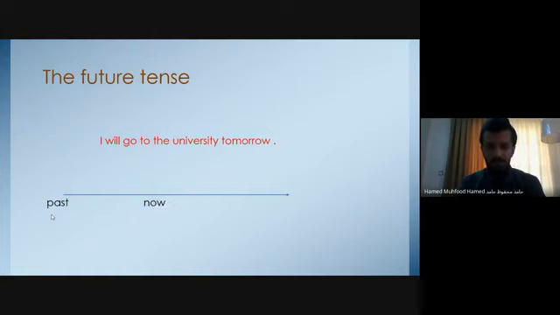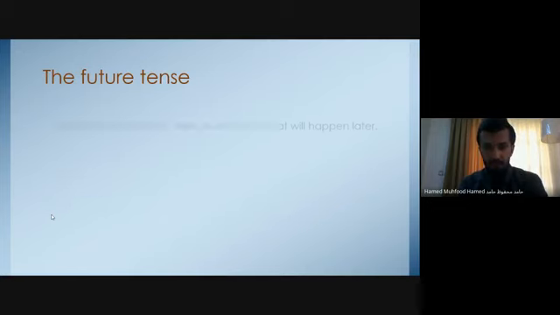In the middle it's now, the present time, and at the far end of this arrow, we will have the future tense, right? So now we are talking about something that will happen, that is going to happen. So that's the meaning of the future tense.